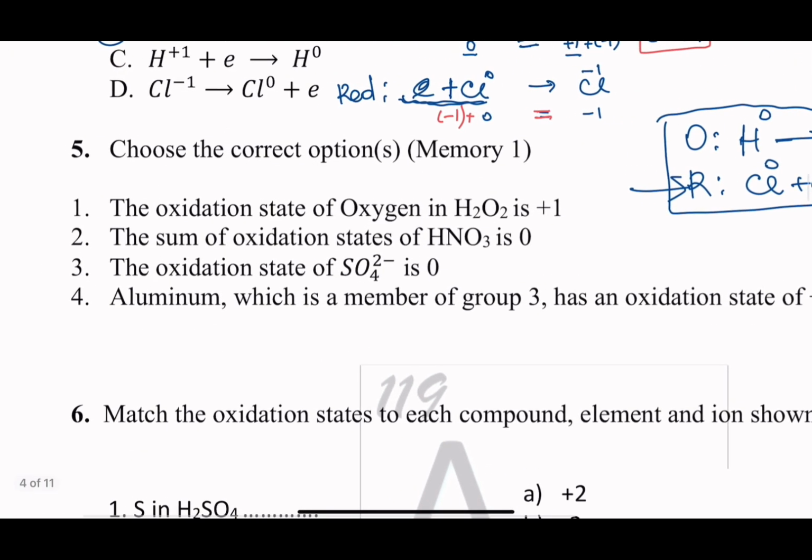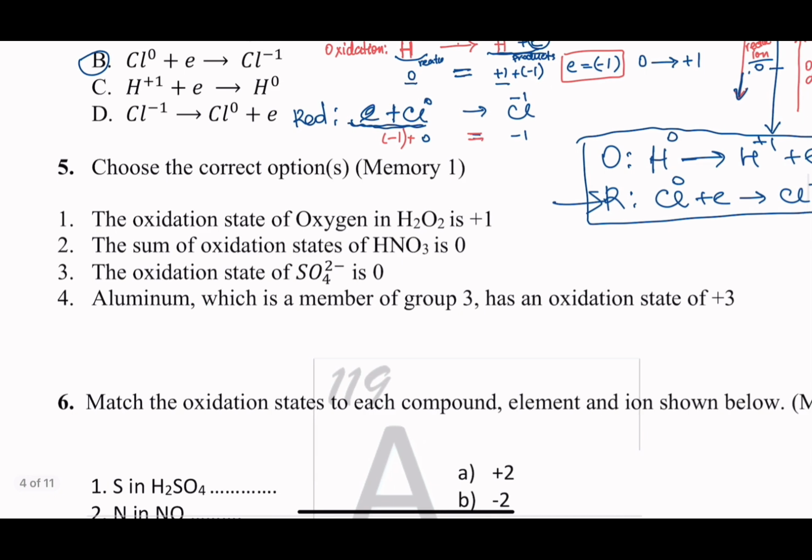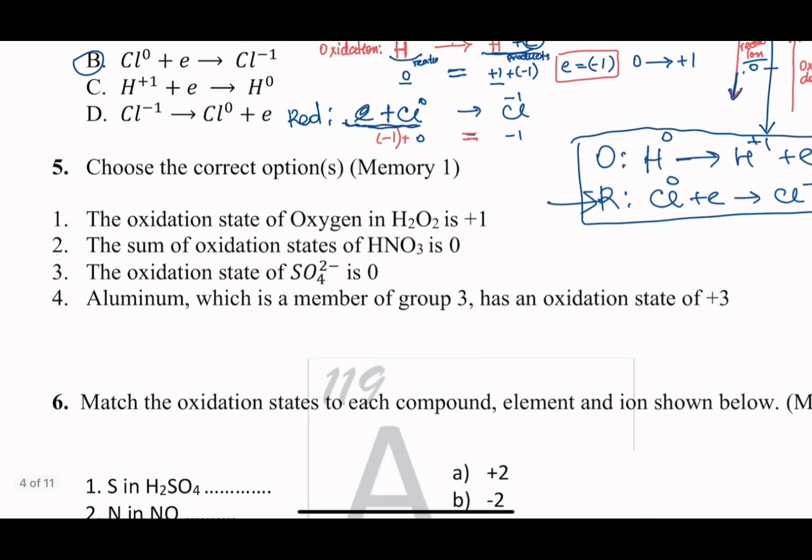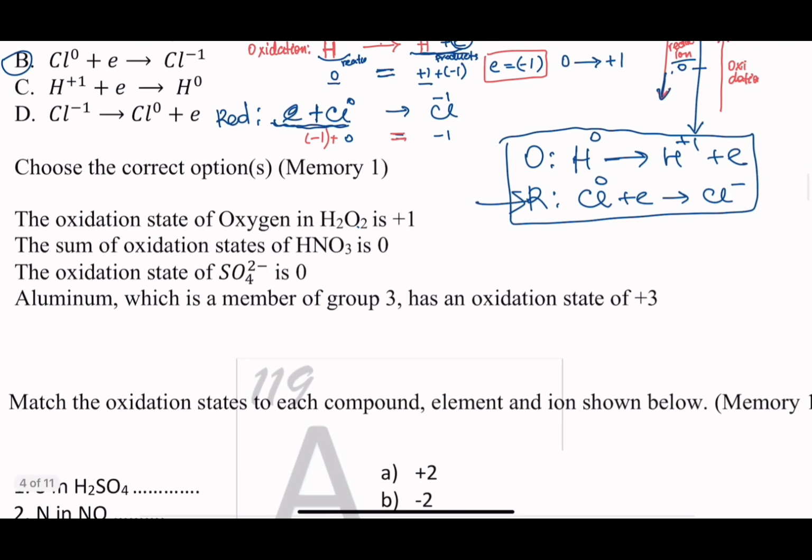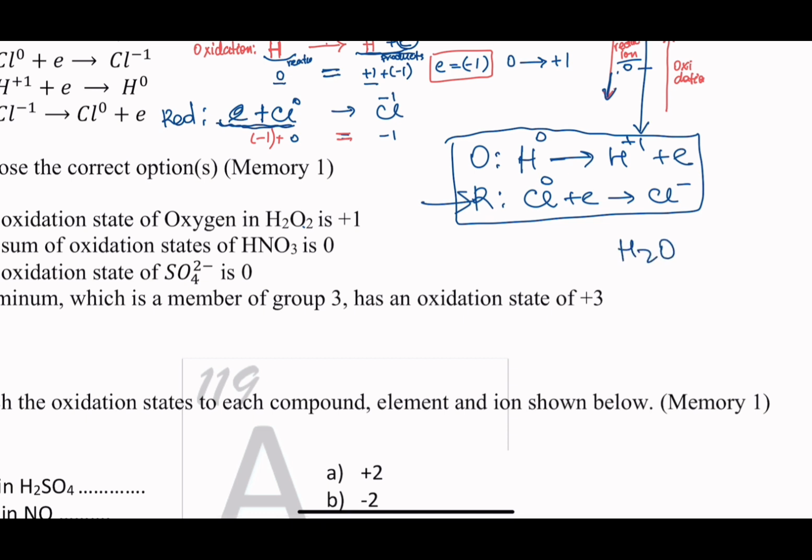Choose the correct options. Memory 1. It's a 1-point question. Oxidation state of oxygen in hydrogen peroxide H2O2 is -1. So we know that this is an exception. I can show you how. H2O2. Hydrogen is a first group element, so it is always +1, right? We know that it adds up to 0.